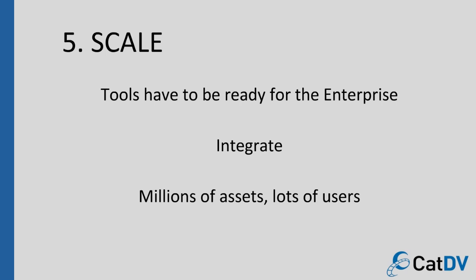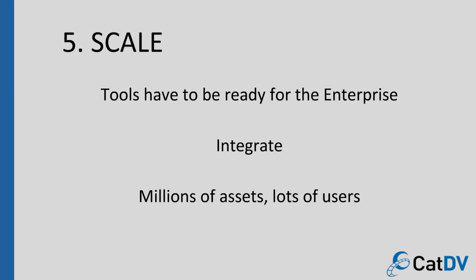Being able to start smaller and then grow to the most sophisticated workflows, the largest numbers of assets, the largest numbers of users, with as many integration points as you can to enable asset management to fit with other business systems. So scale, being able to operate within the enterprise, absolutely vital.